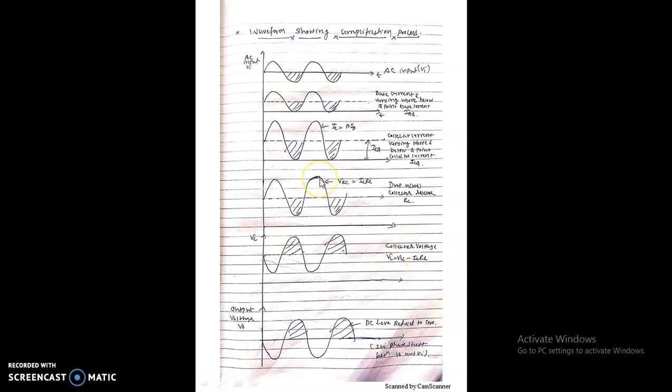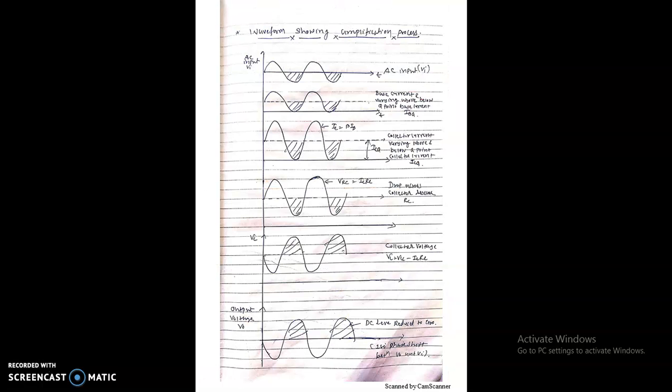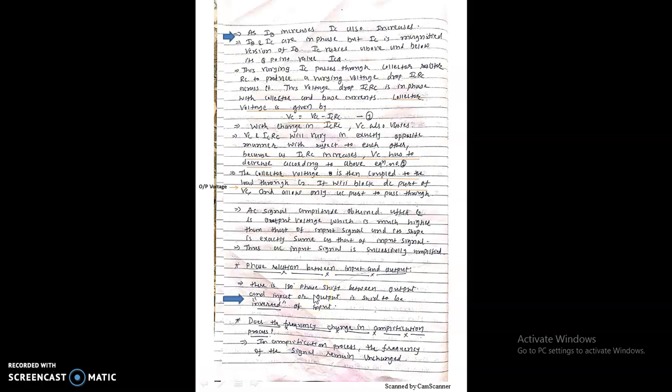With increasing ICRC, VC will be reducing, so we will get a reverse voltage. There is a 180 degree phase shift between output and input, or the output is said to be inverted. So this is the VC inverted voltage.